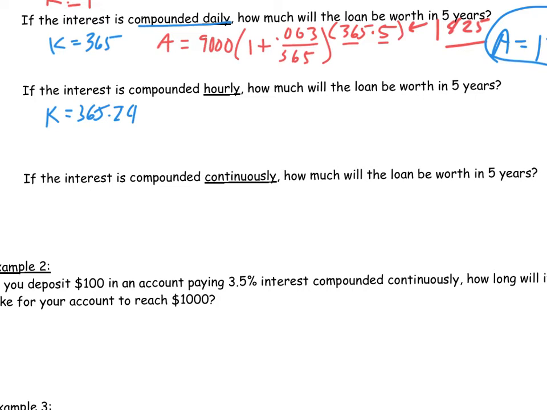Let me pull it up here and multiply that. Okay, give us a little room. 365 times 24. So 8,760. That's what K is.